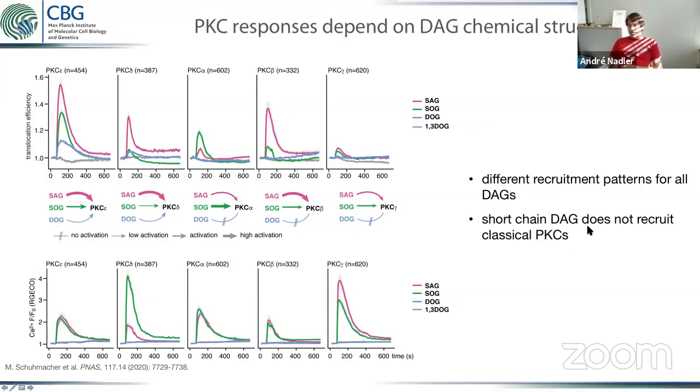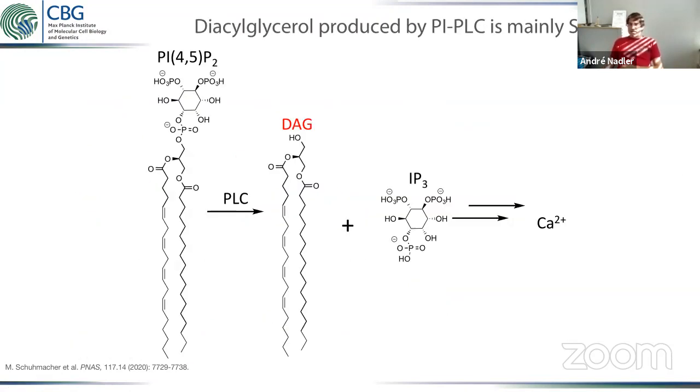Also, basically, this analog doesn't recapitulate what native diacylglycerol species do. The next thing that we were wondering about is how closely does this actually resemble the patterns that we would see after activation of physiological diacylglycerol production.